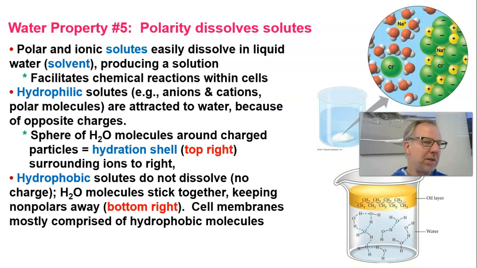Now, let's go over what it means to be hydrophilic or hydrophobic. Hydrophilic. Hydro means water. Philic means loving. So if something's hydrophilic, it means it's attracted to water. What's attracted to water? Ions, anions that are negative, cations that are positive, they're attracted to water, so they're hydrophilic.